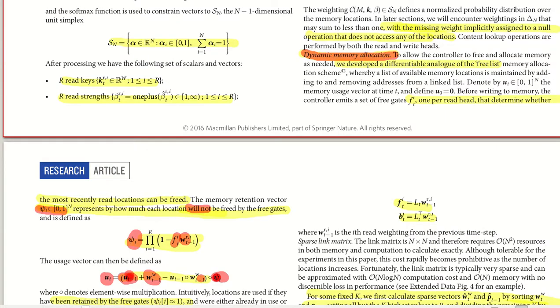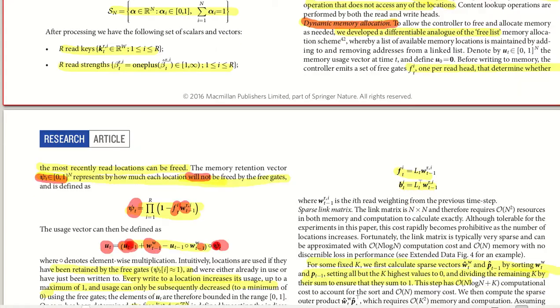How high the usage is going to be depends on whether or not we just read from that specific location in memory, and whether or not we just wrote to that specific location in memory. And what was the usage in the time step before. So you can see here, u_t is going to be a function of u_{t-1}.